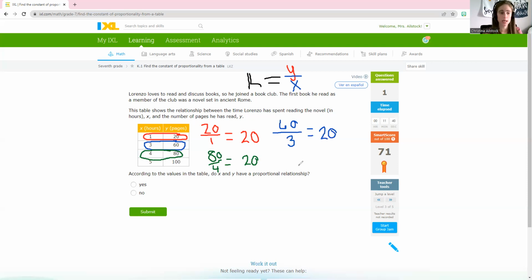Another way to do it is once you find what you think the constant of proportionality is, now let me erase some stuff on here so we can see it a little bit better. Once you do that first one and you say, okay, 20 divided by 1 is 20, that means we need to have a ratio of 20. We need to have a pattern of 20.